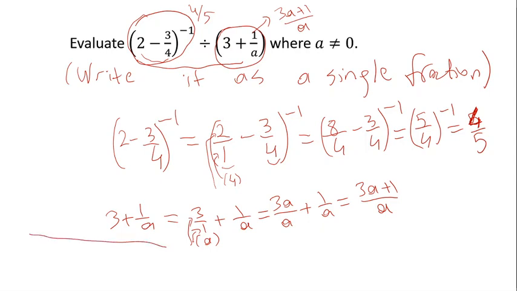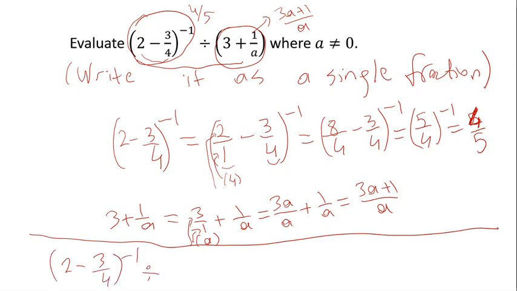So what's the last answer? It will be 2 minus 3 over 4, negative first power, divided by 3 plus 1 over a, is equal to 4 over 5 divided by 3a plus 1 over a.